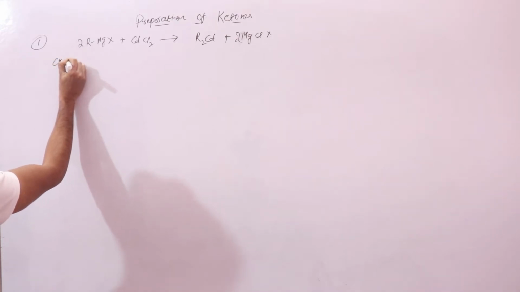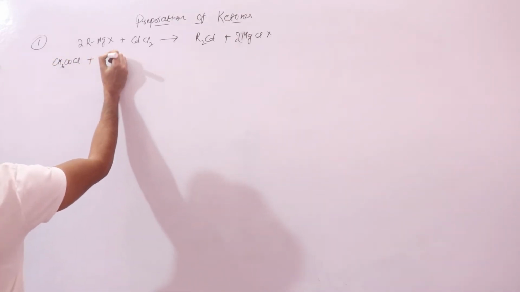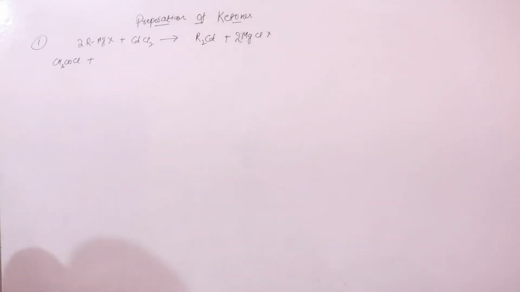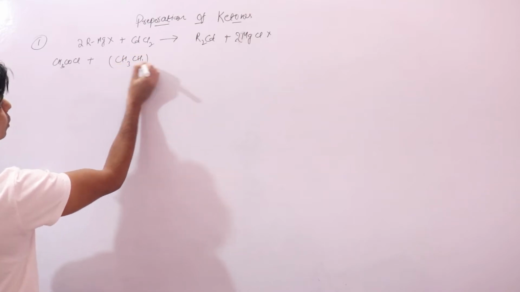Let's use acetyl chloride plus diethyl cadmium, (CH3CH2) whole twice.